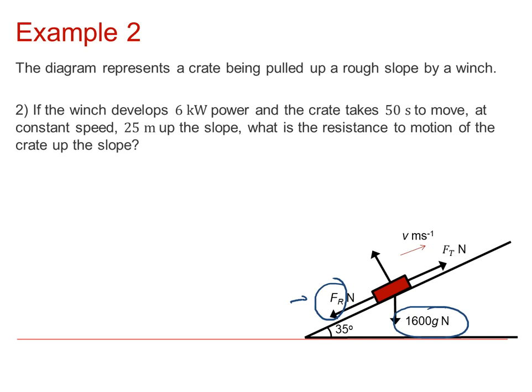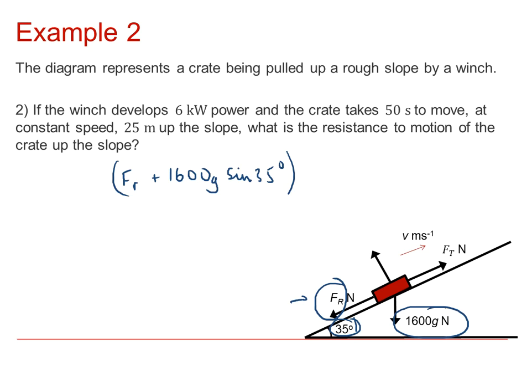So that would be Fr, and then for the component we'd need sine 35 degrees, so we've got a 35-degree angle. So the component down the slope will be 1600 g is the force, and then sine 35 degrees. So that's the total force acting down the slope, and we can use that the work done by Ft will be equal to the work done against these two forces.